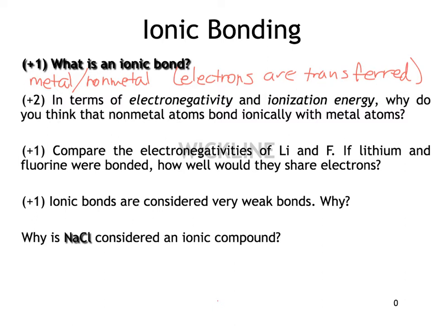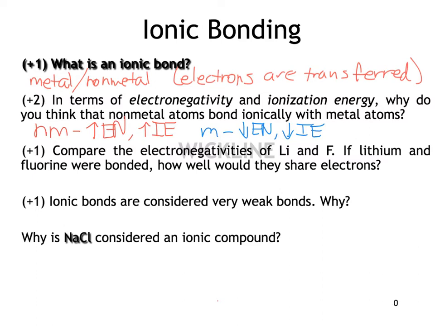Since they have small radii, the non-metal atoms (Nm) tend to have high electronegativity, and they also tend to have high ionization energy. Whereas the metal atoms, with their large radii, tend to have low electronegativity and low ionization energy.